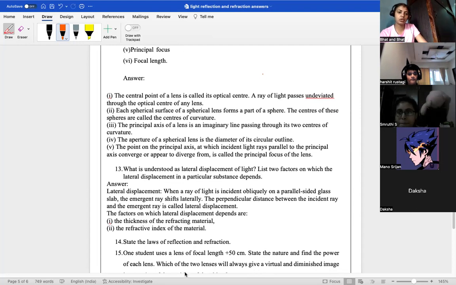Next, state the law of reflection and refraction. So first, law of reflection. Did I teach you the law of reflection? Yes, ma'am, I remember. Okay, fine.